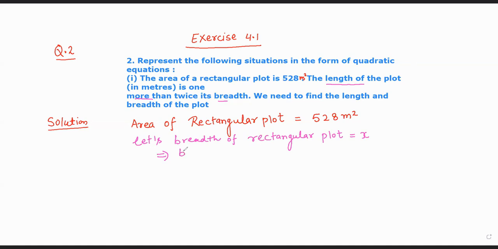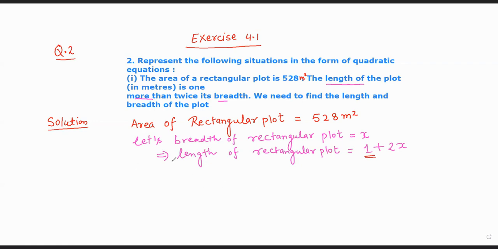This implies the length of the rectangular plot will be 1 more than twice its breadth. Its breadth is x, so twice the breadth is 2x. So we have written 1 more than twice its breadth.